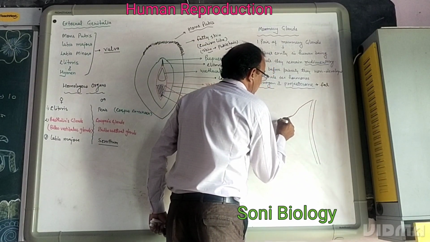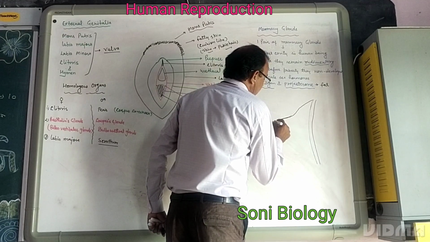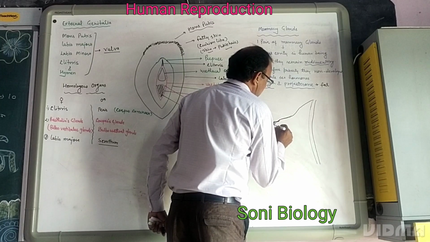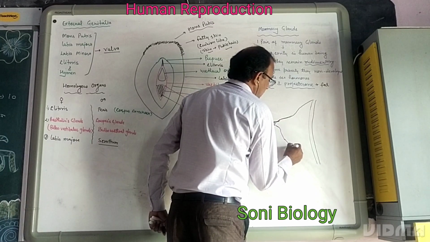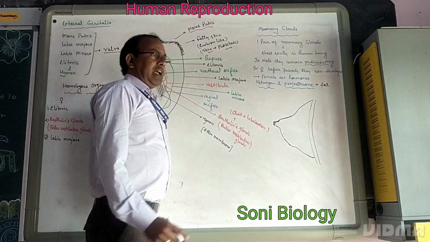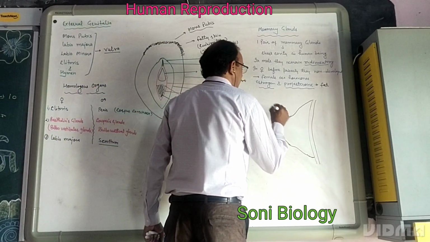Just at the anterior part of the mammary glands, an erectile structure may be present, and a hyperpigmented structure is present. This is called the nipple.